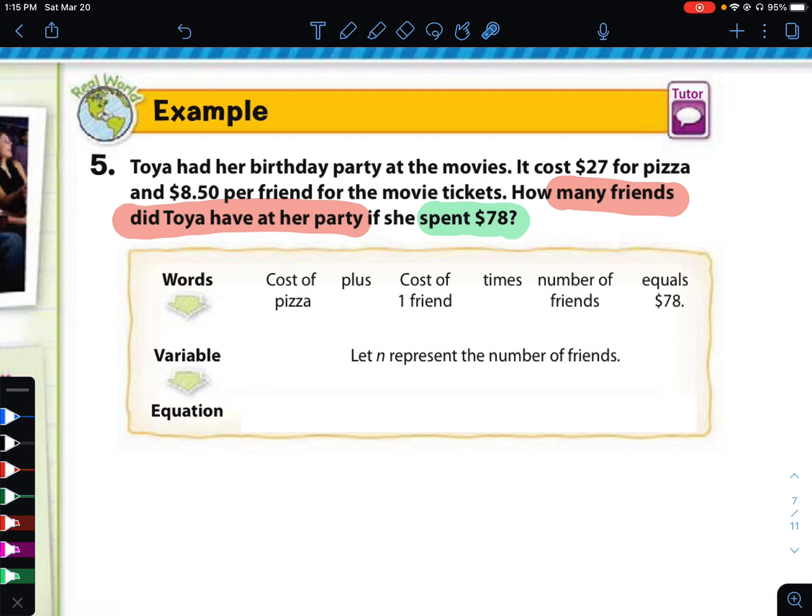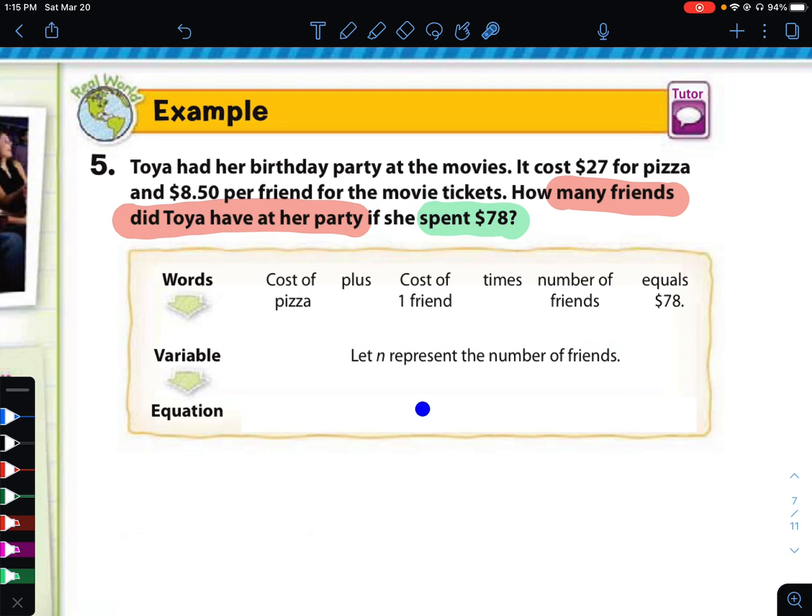And this is the equation. The cost of the pizza is 27 bucks, so we put it down here, plus the cost of one friend, which is $8.50, times n, will equal $78.